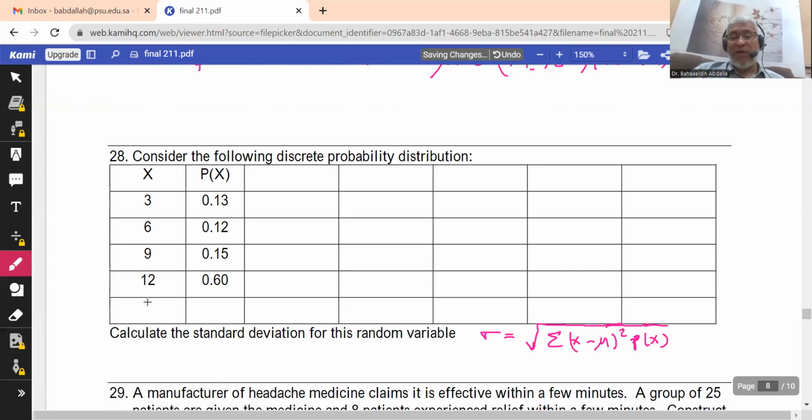This is the definition. If you want to use the table, you need to find x times px, multiply these two, and then here you will have mu, the sum, and then you find x minus mu.